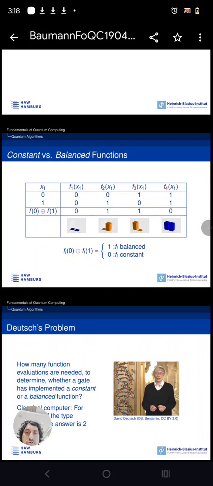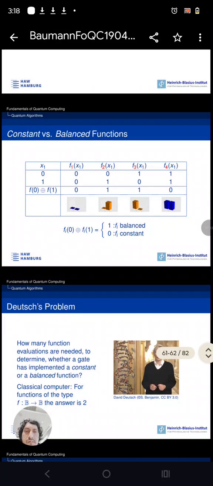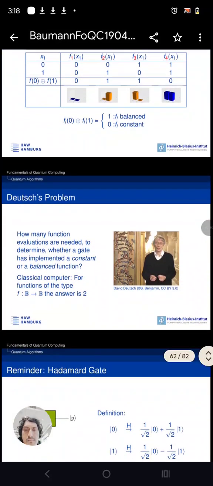So balanced function. By balanced, it means in a symmetric superposition between 0 and 1.